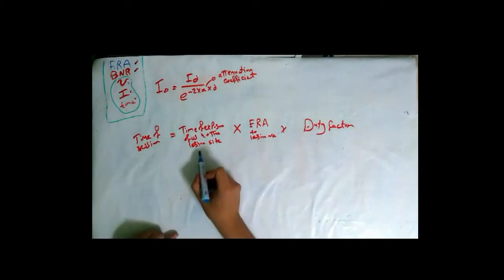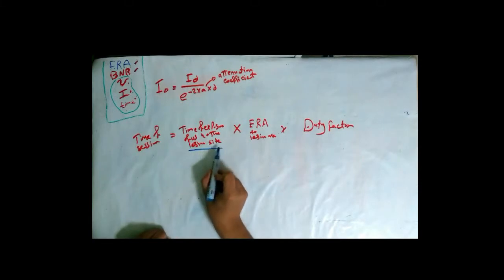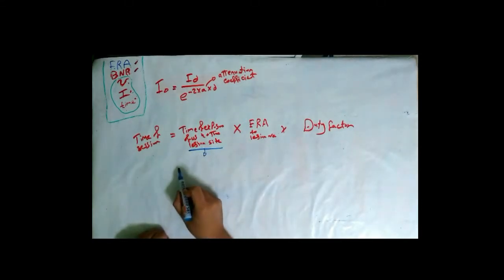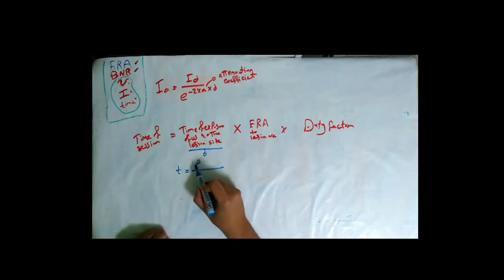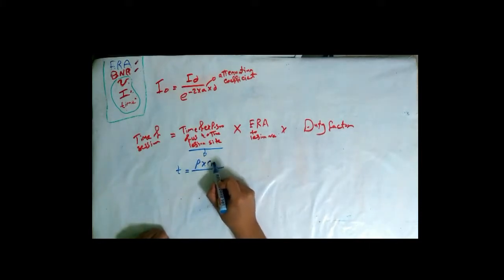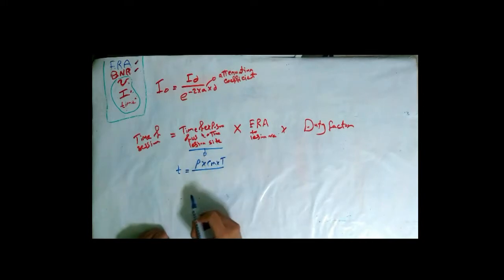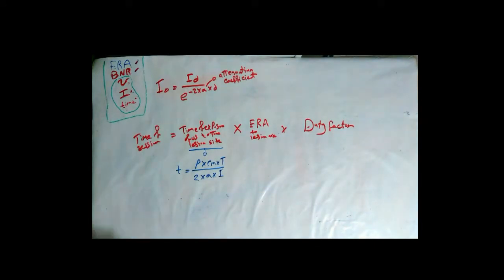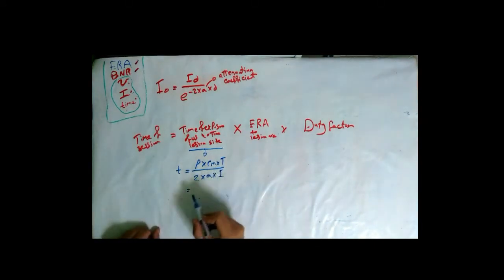To calculate the time of exposure of ultrasound to the lesion site, we use the following equation: time of exposure to the lesion site equals density by specific heat capacity by temperature, over 2 by alpha by I. The result would be in seconds.